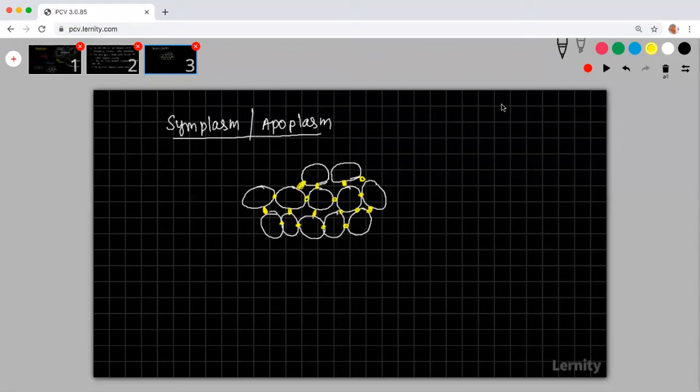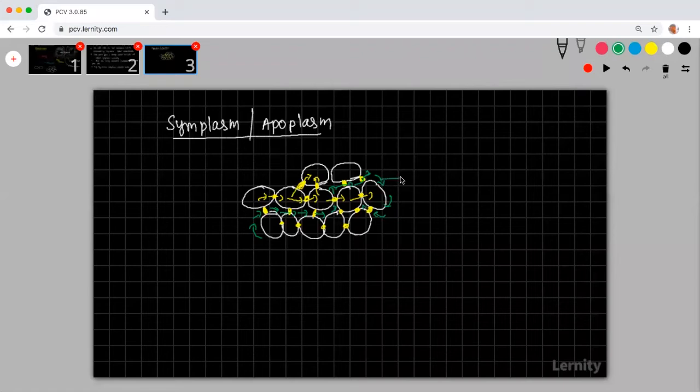Sometimes the movement of molecules can happen through the plasmodesmata. Water can move through this particular pathway. Or sometimes it need not enter the cell at all. Water can also move in between the cells without entering them, surrounding the area like this.